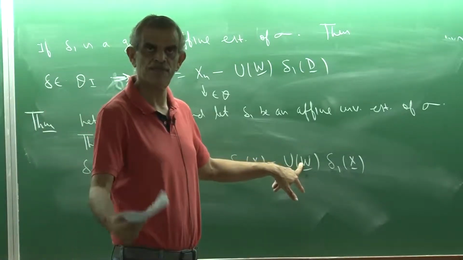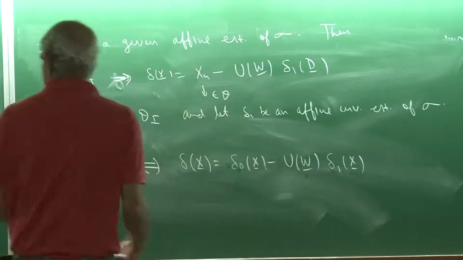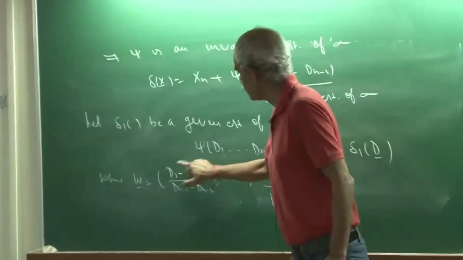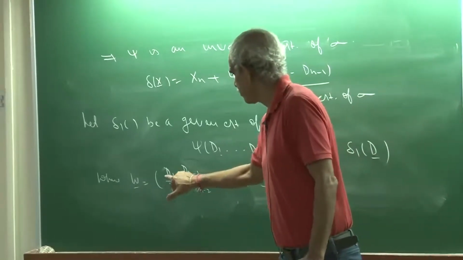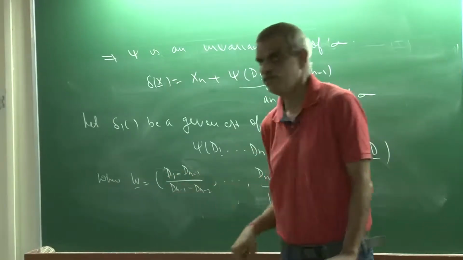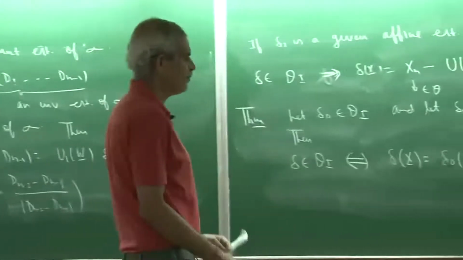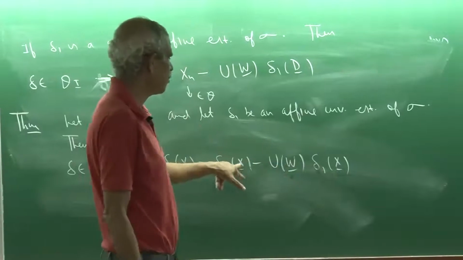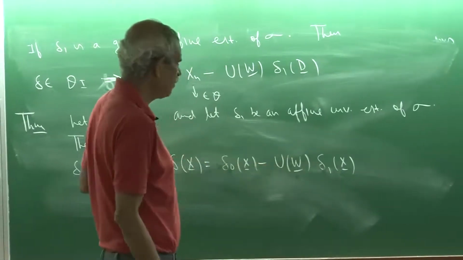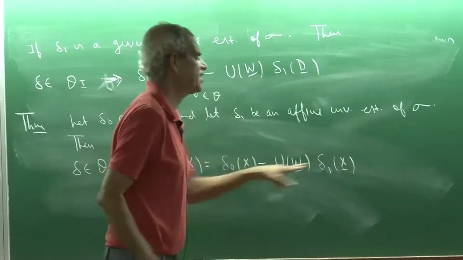If you apply bx1 plus c, bxn plus c, w doesn't change because of this structure. c gets cancelled because of the di's, and b gets cancelled because d1 minus dn minus 1, dn minus 1, dn minus 2, they will cancel the b. So this doesn't change. This would be b times delta 1. So it was b delta naught plus c, b delta 1. So b becomes common, then you get delta naught only, and c remains as it is.